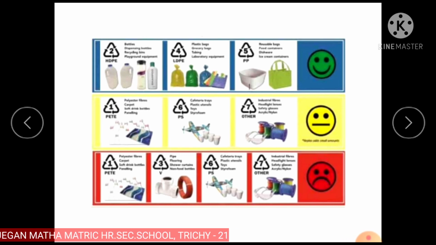From the resin code chart, to find out more about the different types of plastics. From this plastic resin code chart, resin code 2, 4 and 5 are safe plastics for us, animals and environment.